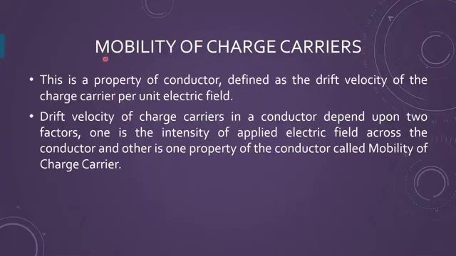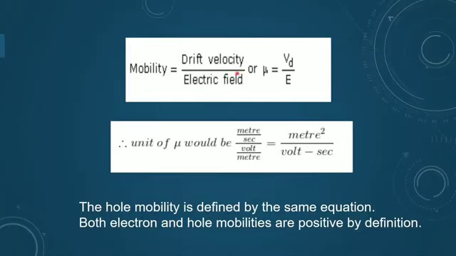Next thing is the mobility of the charge carriers. Mobility means, when the electrons are moving, the drift velocity per unit electric field is termed as mobility. Drift velocity per unit electric field means Vd divided by E. And of course, this is a property of the conductor, so depending upon the conductor, you will have a different value of the mobility. Because drift velocity depends upon the electric field, you can write the formula for mobility, which is denoted by mu.